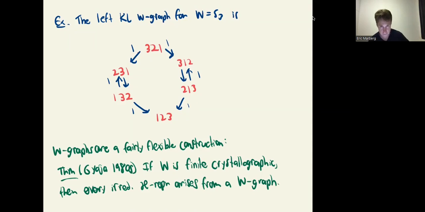So for any Coxeter group whatsoever, we have a Kazhdan-Lusztig W graph.